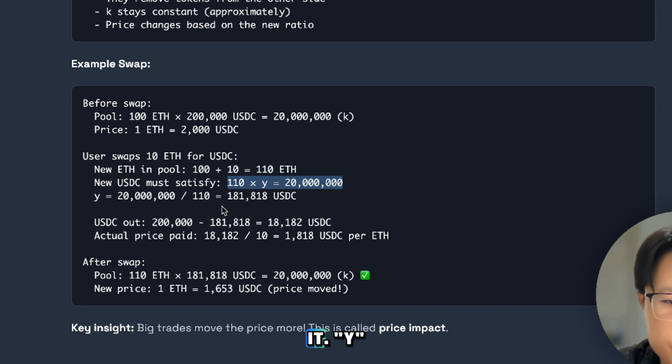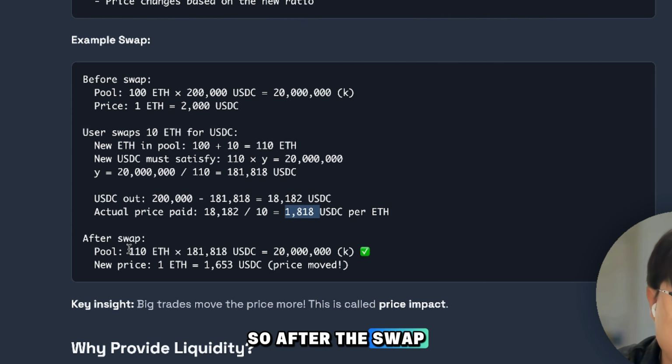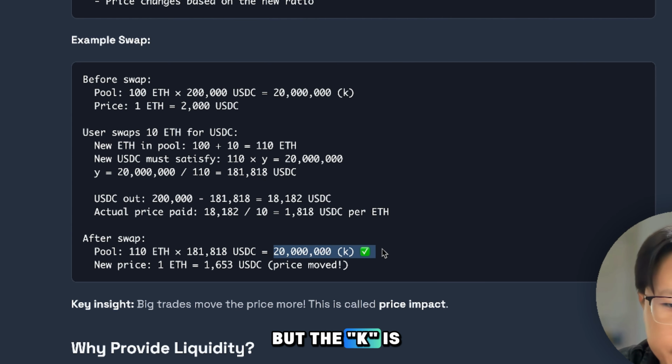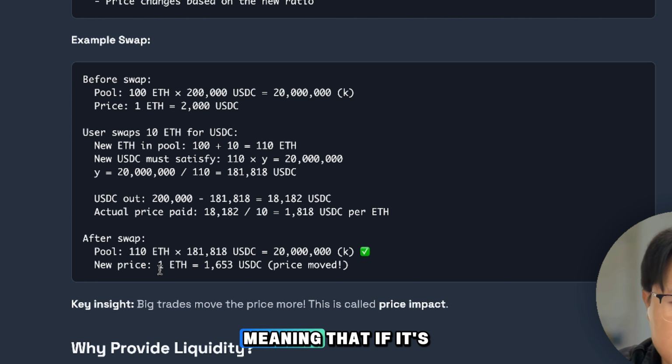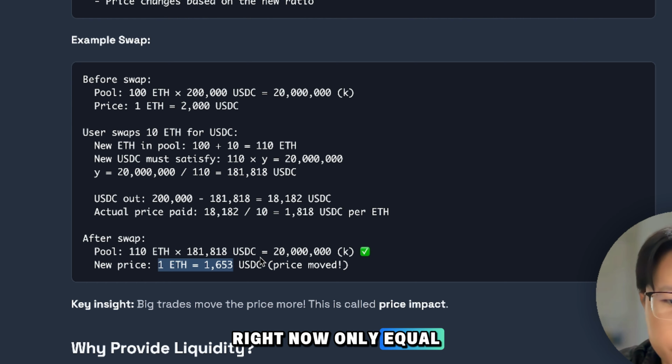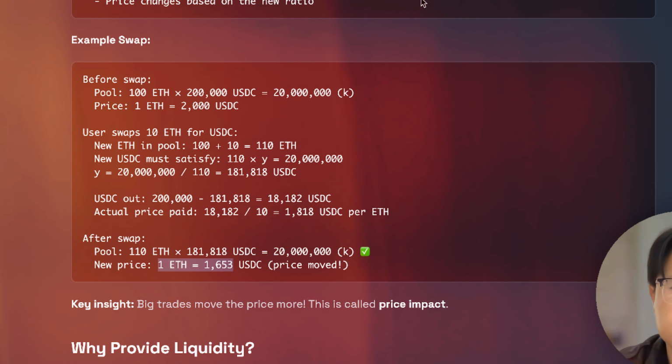So we can calculate y, which is about 181,818 USDC. So the actual price the user paid for 1 ETH is about 1,800 USDC. After the swap we have different amounts, but k is still constant. We get a new price because the ratio changed, meaning that ETH is now only worth about 1,600.